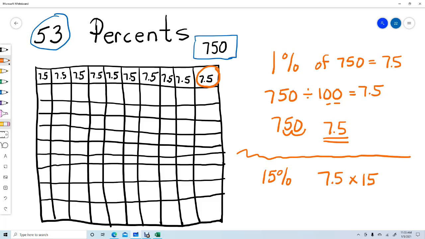I would take 15 of those boxes, and that would represent 15%. What is that? Let's see, 75 plus 37.5. Sorry, I didn't work this out ahead of time. I just want to get the answer for you. I think that's 112 and 5/10.